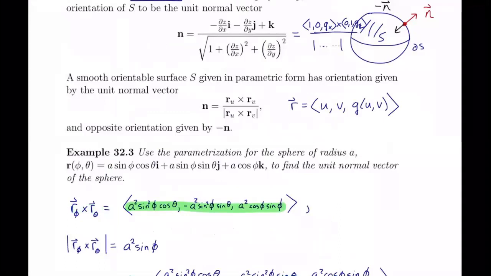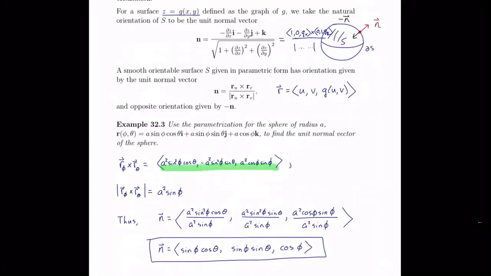Remember that there's some work that's not being done in front of us. The magnitude of all this, thanks to some trig identities, works out to be this, a squared sine phi. And with these two things, we use this formula above to find the normal vector. It's this vector we found, the cross product, divided by its magnitude. When we simplify all of these things, what we arrive at is a vector that looks like this.